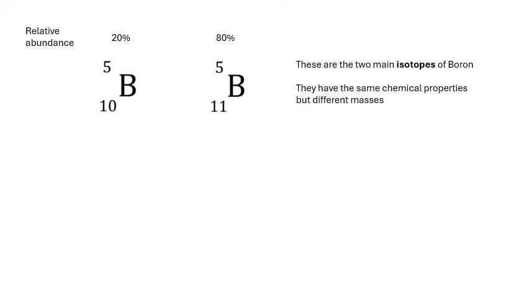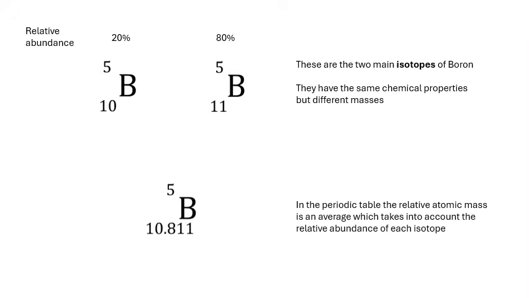Okay, so this 20%, 80%, that's the relative abundance. That should be pretty self-explanatory. 20% of it is boron-10, 80% of it is boron-11. Okay, now in the periodic table, if we look at the big number, it says 10.811. Now, what is that? Well, it's an average, but it takes into account the relative abundance.